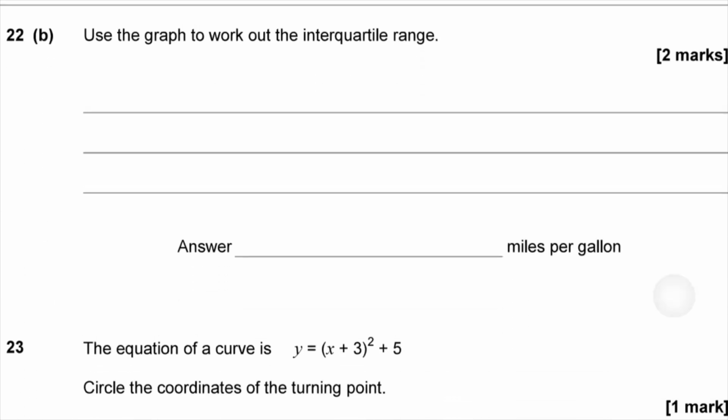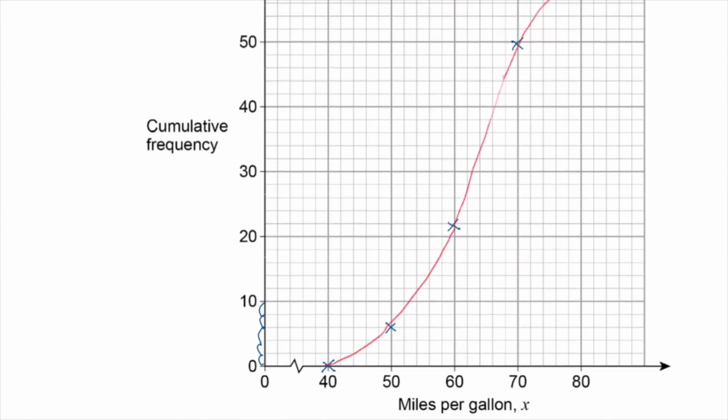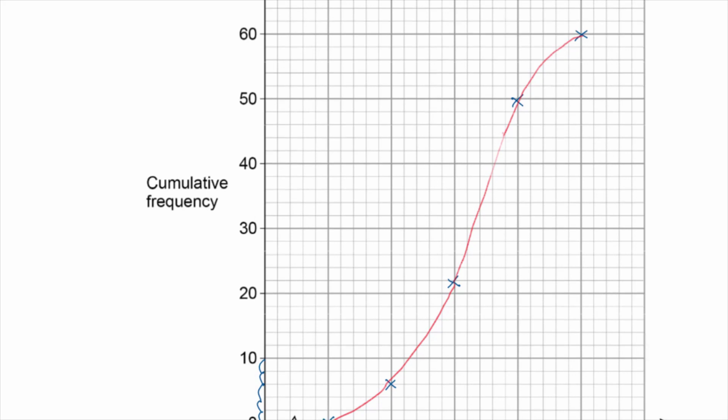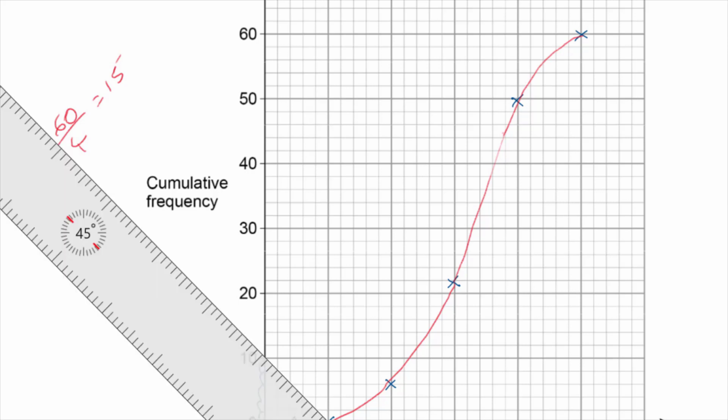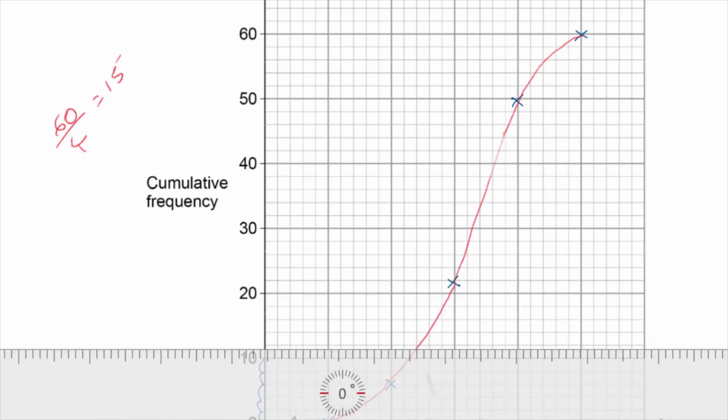Right, use your graph to work out the interquartile range. Now the interquartile range is the range of the middle half of your data. So if I've got a cumulative frequency of 60, if I've got 60 values, then 1/4 of the way through that, 60 divided by 4, is going to be 15. So my lower quartile is going to be at 15. Let's just get a ruler out and draw on at 15.